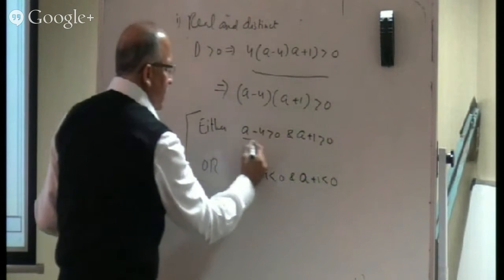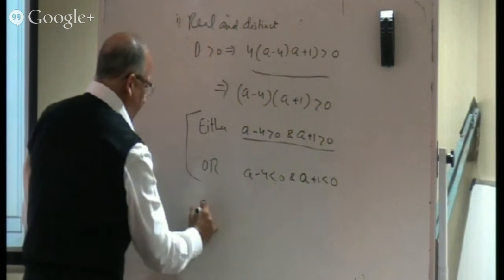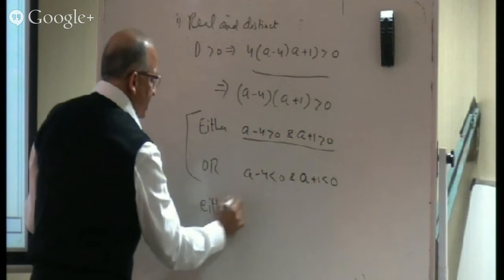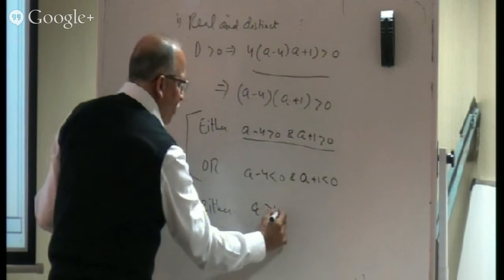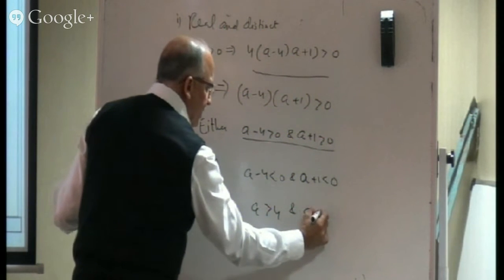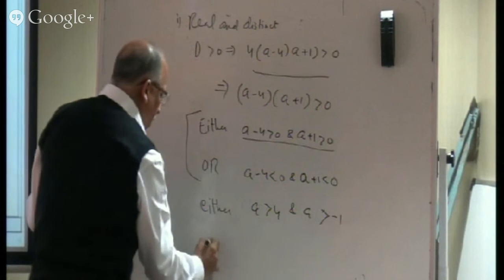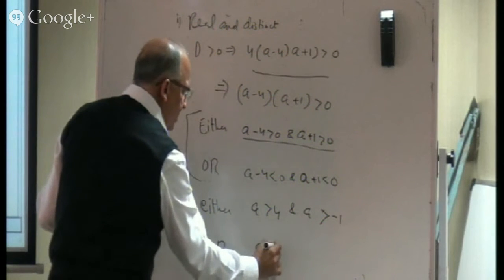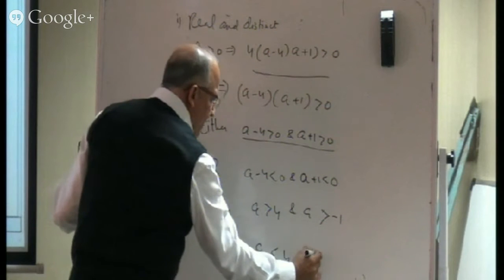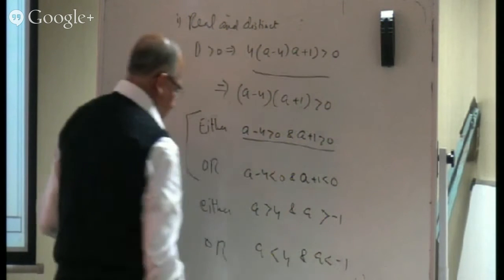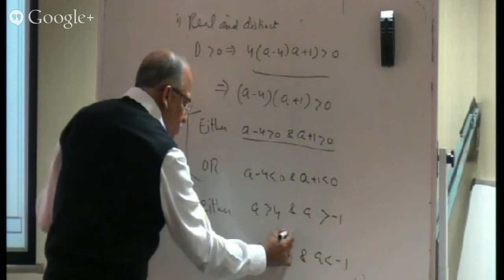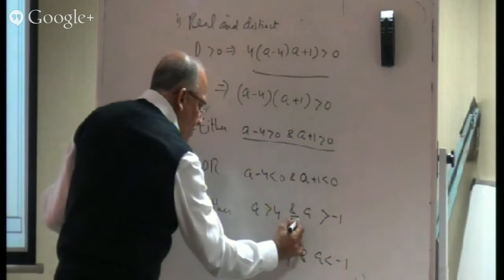So what is this equivalent to? I repeat, either this says a is greater than 4 and a is greater than minus 1, or a is less than 4 and a is less than minus 1. Mind it, there is 'or' in between these two things, but there is 'and' in between these two.